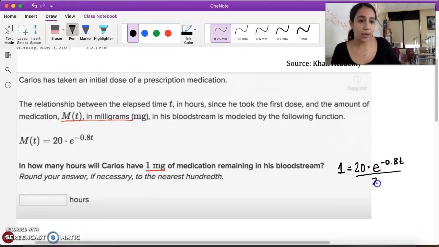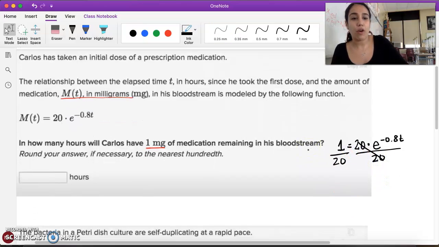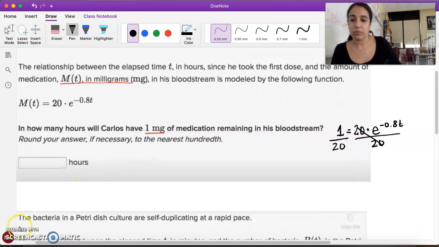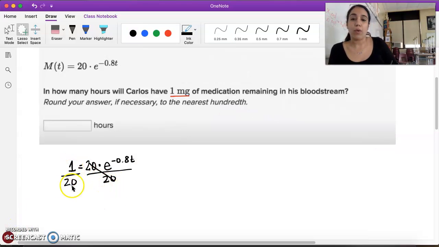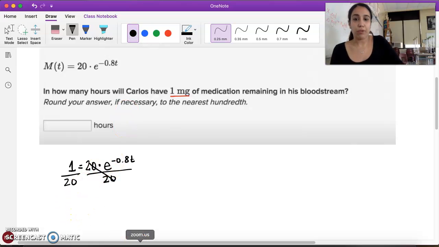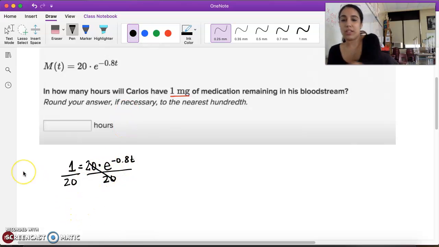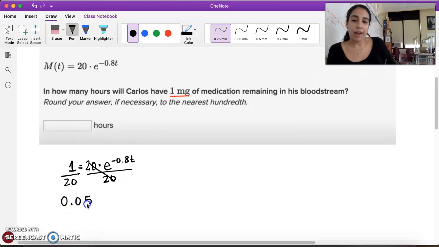So we're going to divide by 20 first. Now we have 1 over 20. Because there are already decimals in here, we can put it in decimal form. So 1 divided by 20 is 0.05. So we have 0.05 is equal to e to the negative 0.8 t.